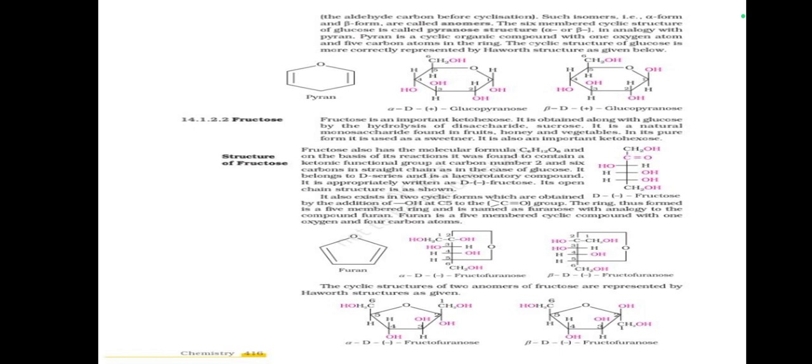Structure of fructose. Fructose also has the molecular formula C6H12O6, and on the basis of its reactions, it was found to contain a ketonic functional group at carbon number 2 and 6 carbons in a straight chain, as in the case of glucose.